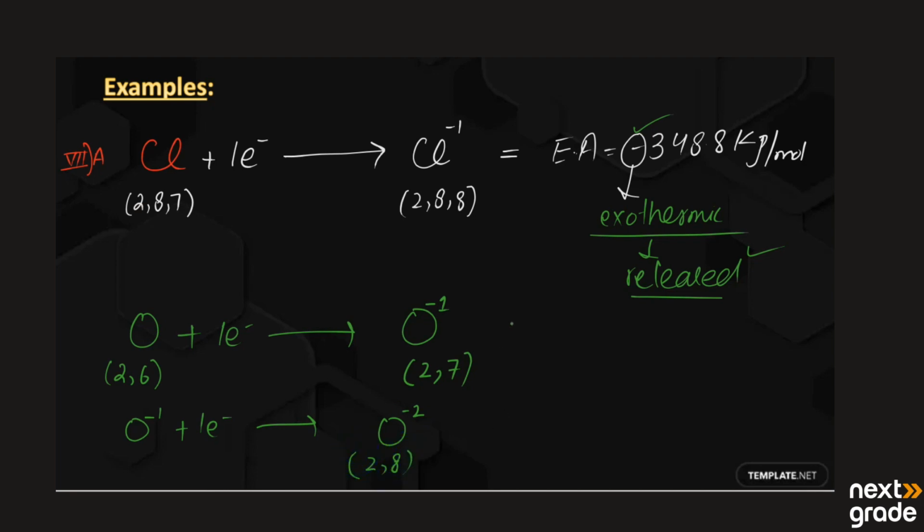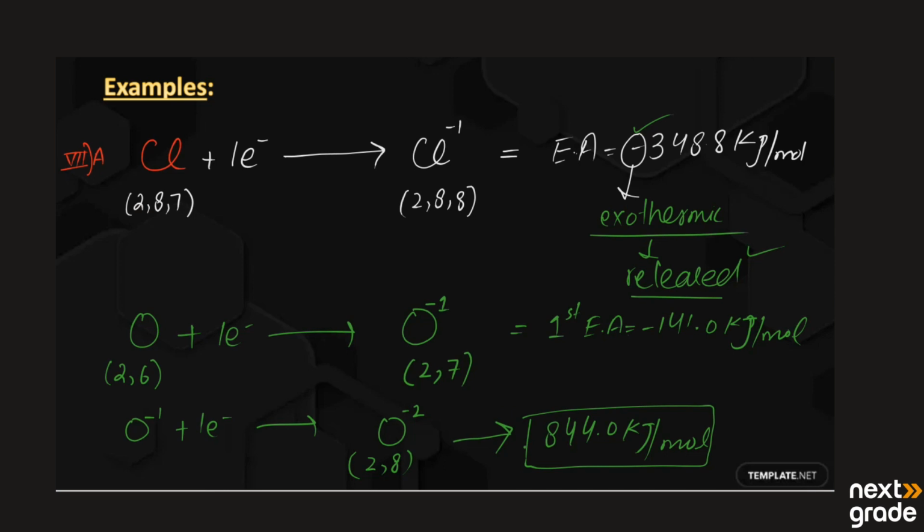Its first electron affinity is -141.0 kilojoules per mole, and its second electron affinity is 844.0 kilojoules per mole. So this is the electron affinity of oxygen and chlorine atoms.